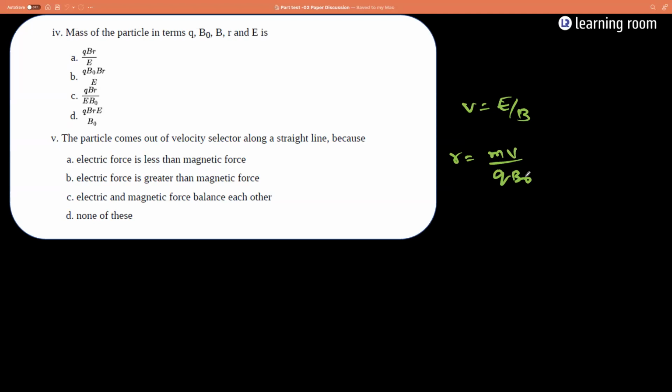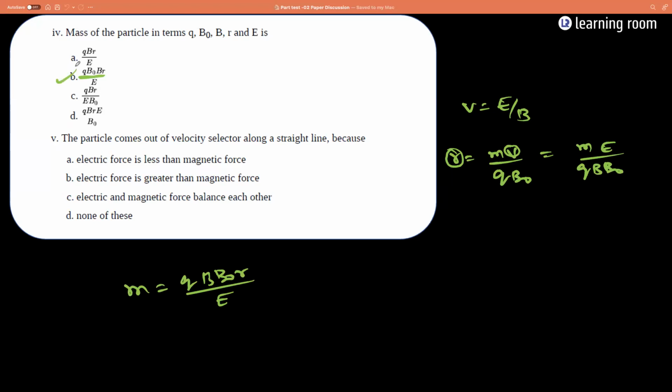Yes, sir. So V, I'll replace it with E by QB into B naught. This is R. So they want M, right? Mass of the particle will be equal to QB B naught into R divided by E. Correct. That's the answer.